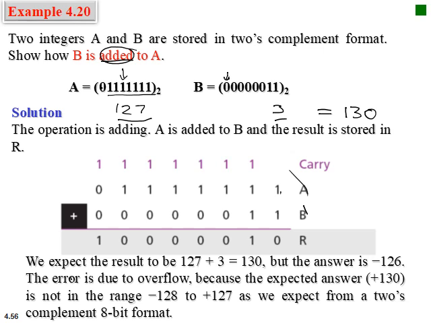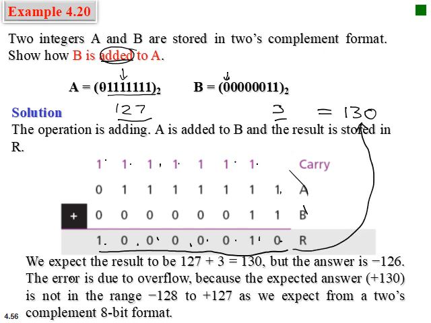So 1 plus 1 gives us 0, carry 1. 1 plus 1 plus 1 gives us 1, carry 1. 1 plus 1 plus 0 gives us 0, carry 1. 1 plus 1 plus 0 gives us 0, carry 1, and so it goes on: 0, carry 1, 0, carry 1, 0, carry 1, and 1 plus 0 gives us 1. So this is our answer. Our final answer or result is supposed to correspond with 130.